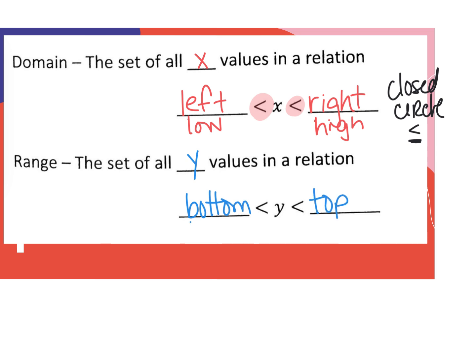And again, that is still low to high. Okay. We're using those less thans, and it is going to be just a less than, excuse me, if we have an open circle. Okay?